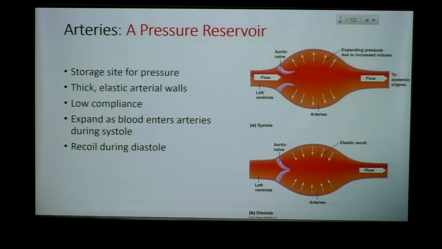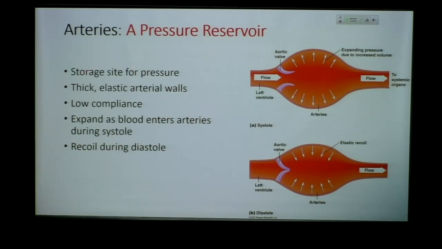It's not going to want to get back to its shape very easily, and that's going to be high compliance. So lots of elasticity, little compliance, and lots of compliance, little elasticity, okay? That's a really important distinction to make. So arteries have that thicker wall, they have more elastin in their wall, they have more elasticity, and as such, they have a low compliance.